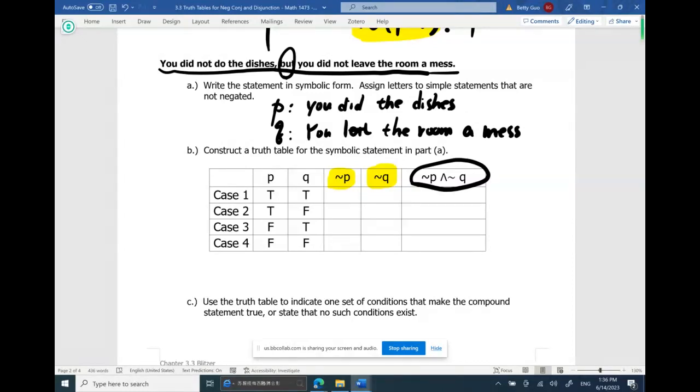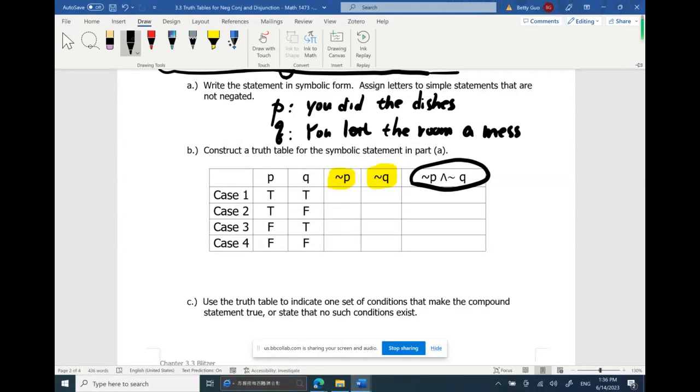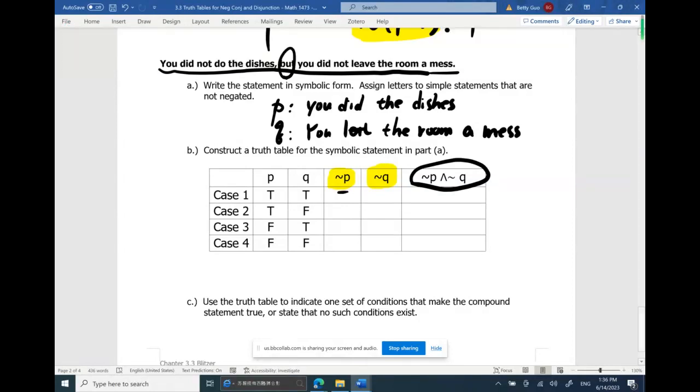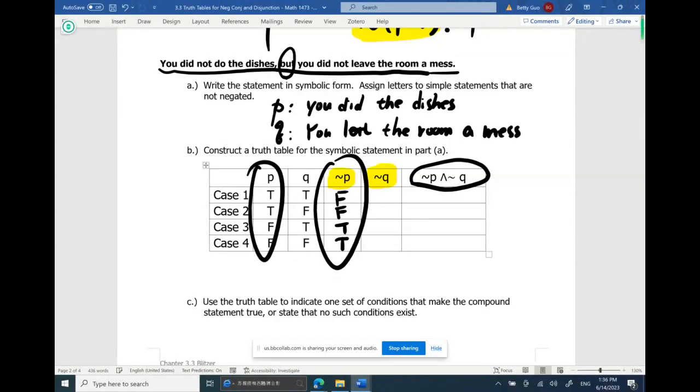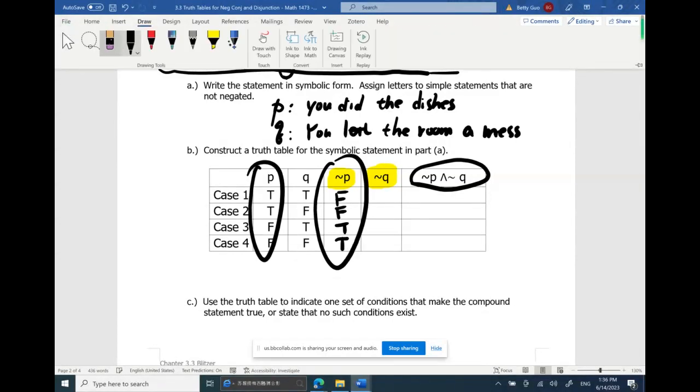Okay, the two components, not P and not Q. Let's see the values for those two components. When P is T, not P is false. So P, not P: T, F, F, T, F, T. This column should have opposite values.